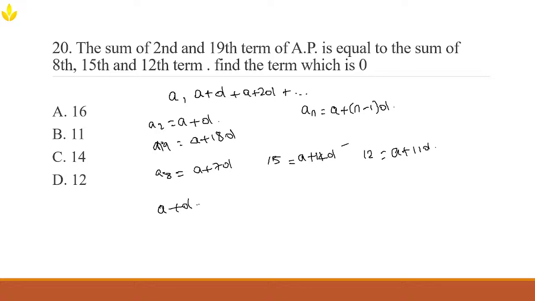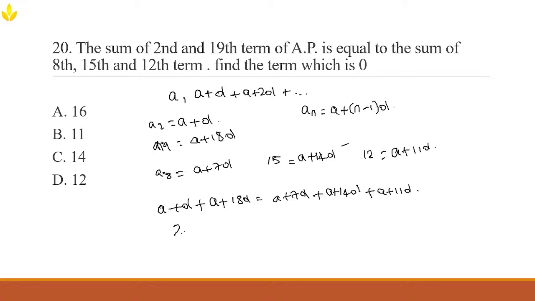a plus d plus a plus 18d will be equal to a plus 7d plus a plus 14d plus a plus 11d. To get the term which is equal to 0, we need to shift everything.